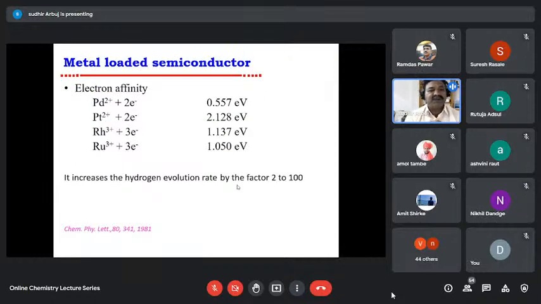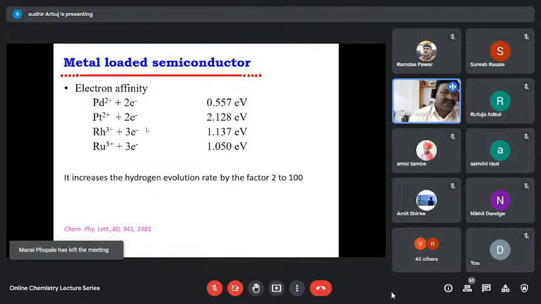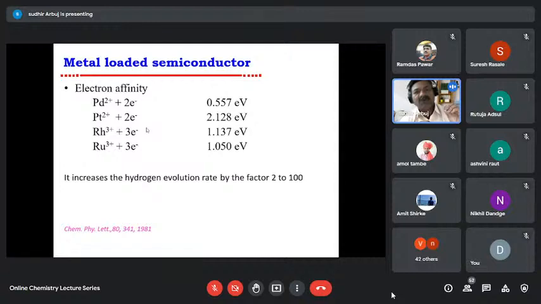These are the various processes one can use to enhance the photocatalytic performance of semiconductor materials. We have seen that metal loaded semiconductors enhance photocatalytic performance. Palladium, platinum and rhodium have high electron affinity. As soon as the semiconductor absorbs light, it generates electron hole pairs.